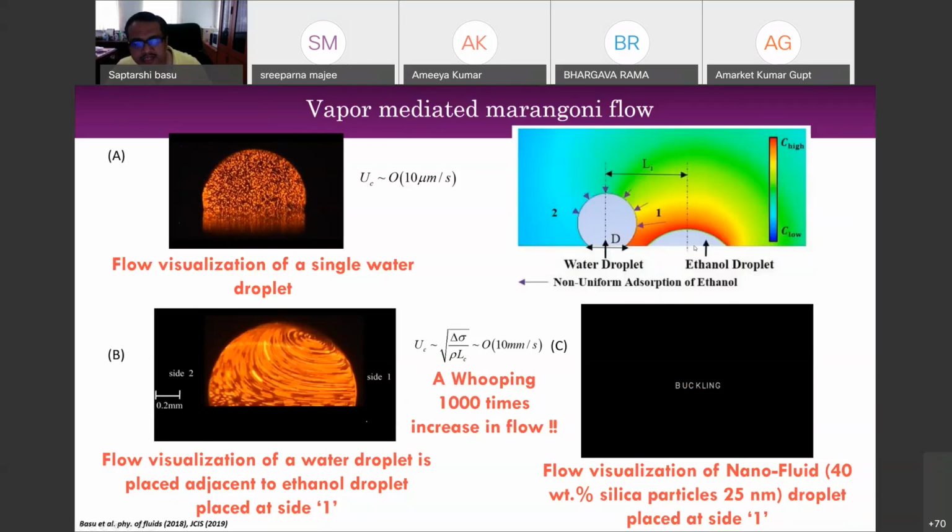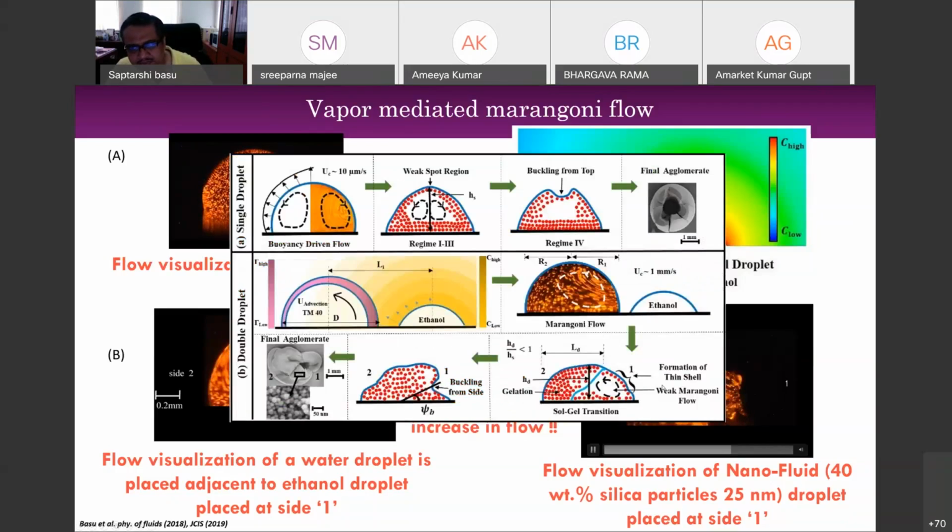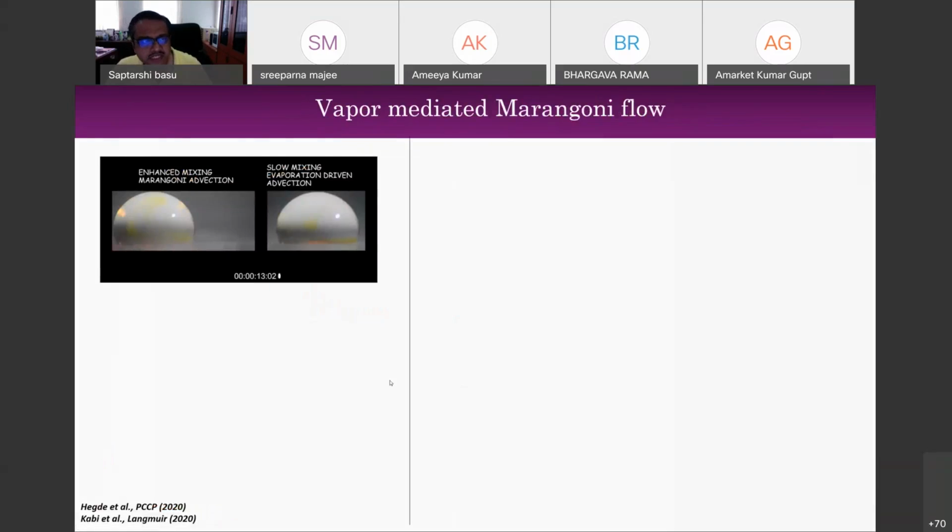You can translate the same thing to a colloid solution also, and you can control what kind of shape you get. This also shows the mixing characteristics. If you watch this video, the right-hand side is a diffusive droplet. Here, as you can see, it instantaneously mixes, whereas the slow mixing due to evaporation hardly goes on.